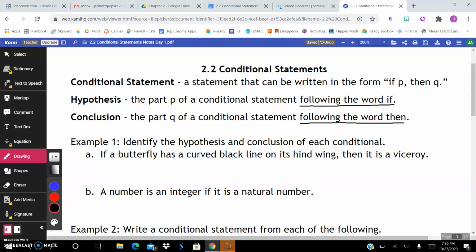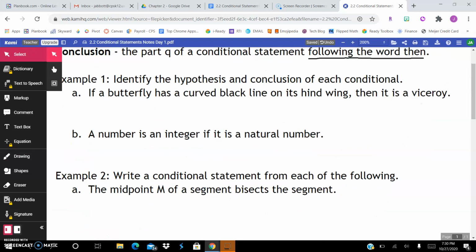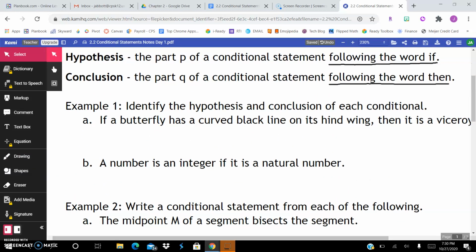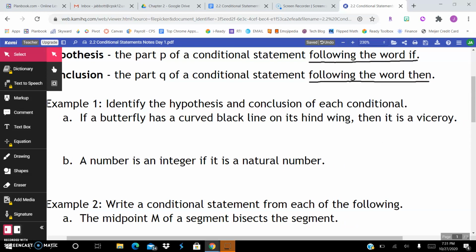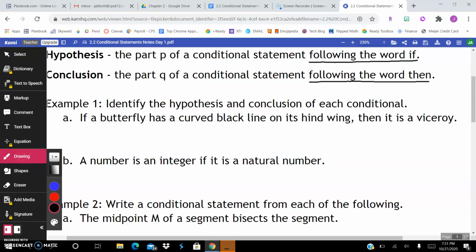For example 1 here, it says to identify the hypothesis and the conclusion of each conditional. Our first example says, if a butterfly has a curved black line on its hind wing, then it's a viceroy. So we have to figure out what is the hypothesis and what is the conclusion. The hypothesis, from our definition above, follows the word if.